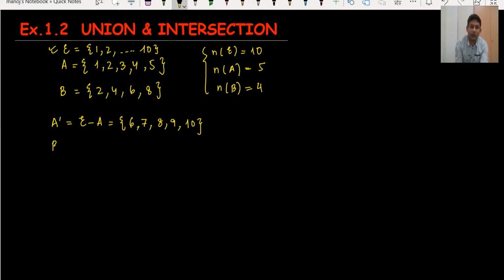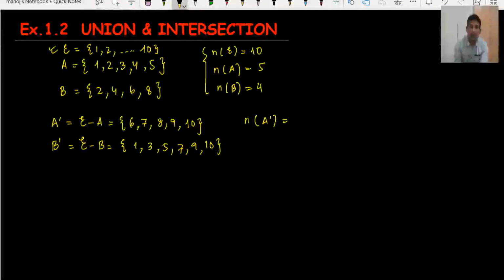And when we want to find B complement, universal set minus B, the even numbers from 2 to 8 will be out: 1, 3, 5, 7, 9, but 10 is also there. So the number of elements in A complement is 5, and the number of elements in B complement is 6, and thus we have done.